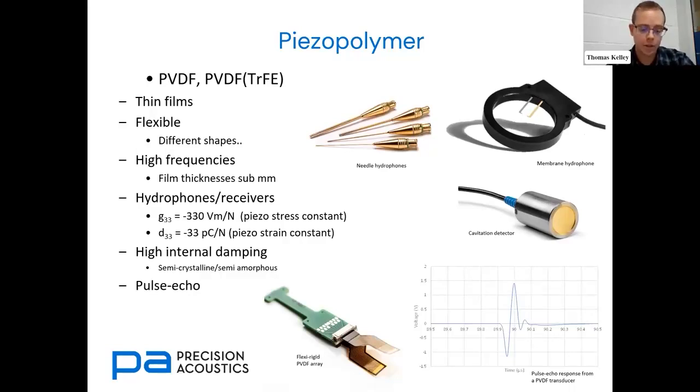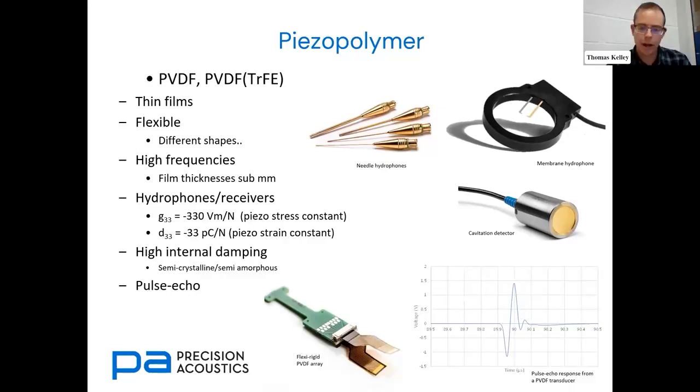It's great for use as a receiver of ultrasound, or potentially in pulse echo setups where you're both transmitting and receiving on the same device. It's got excellent piezo g coefficients, but it's not great at producing high levels of power or high amplitude outputs. So it's not a good choice for high power ultrasonics or for transmit only applications.